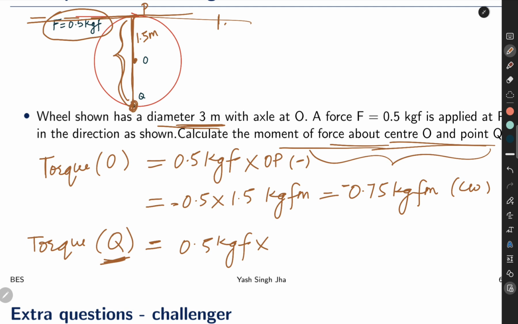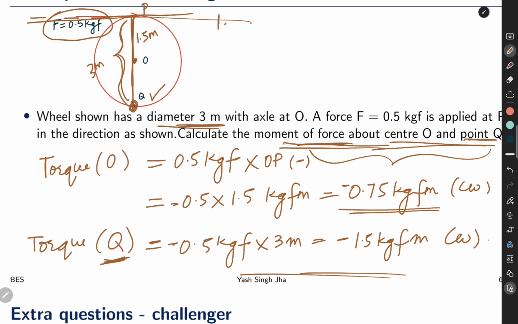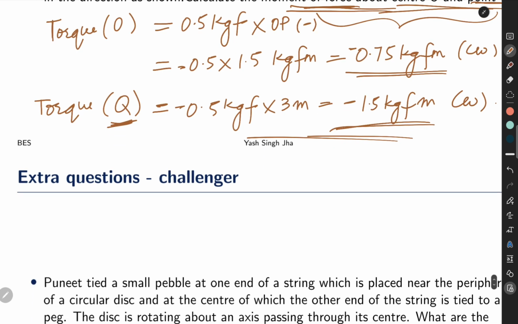For this case, the center of rotation is Q, because they have asked moment of force about Q. So the distance is 3 meters. 3 meters, it is clockwise, so negative. So this is the answer. About point O is minus 0.75 clockwise, and about Q minus 1.5 clockwise.